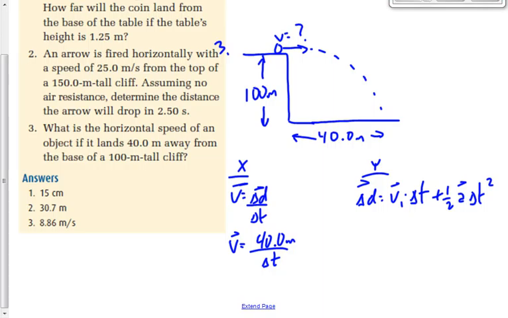Do we know what D is for the y component, Brendan? Good. Negative 100 because it's down. V_i is 0 because it's all horizontal. It tells me we're looking for the horizontal speed. a is negative 9.81. All right, we can get T here. We weren't necessarily trying to get T, but we can.